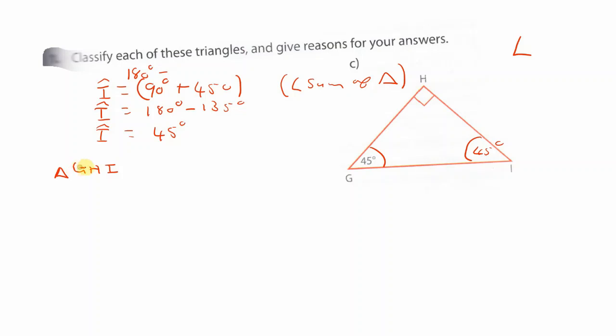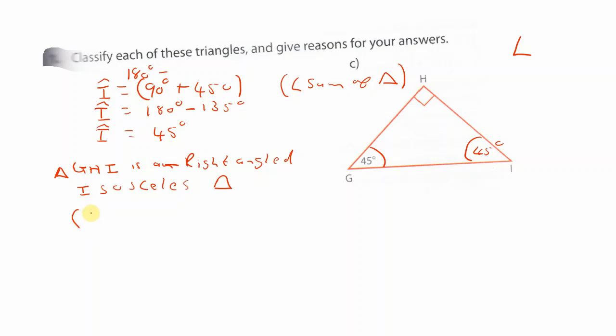So triangle GHI is a right angled isosceles triangle.